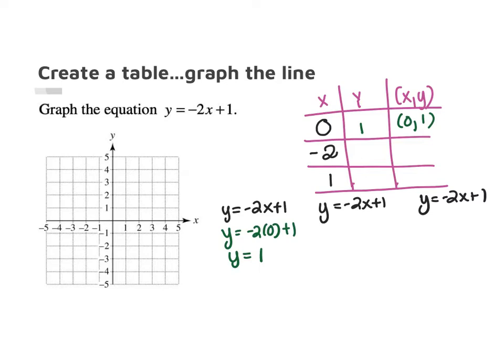The next one, I'm plugging in a -2, and notice order doesn't matter. And I get a -3. So my next point I'm going to graph is -2, -3. And my last one I am going to look at is 1.